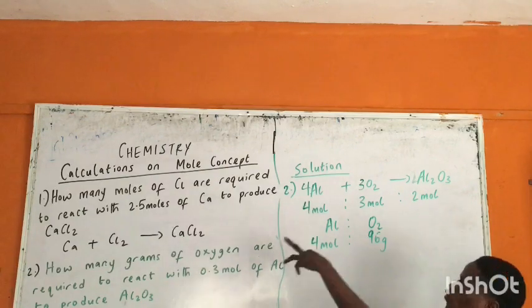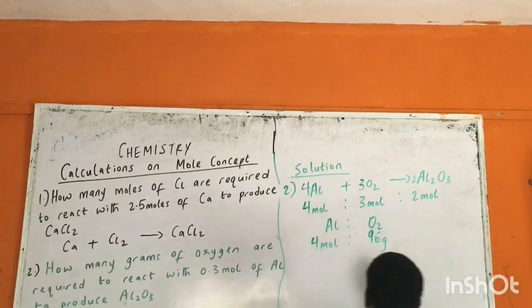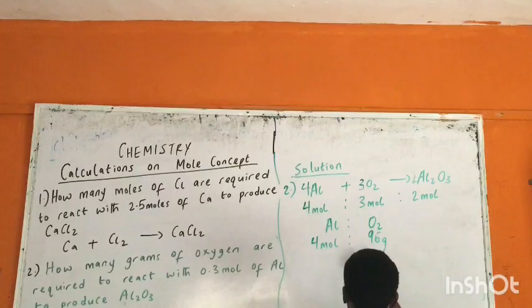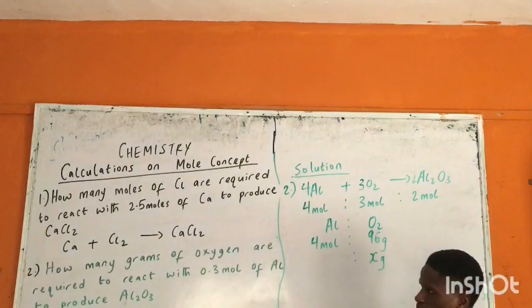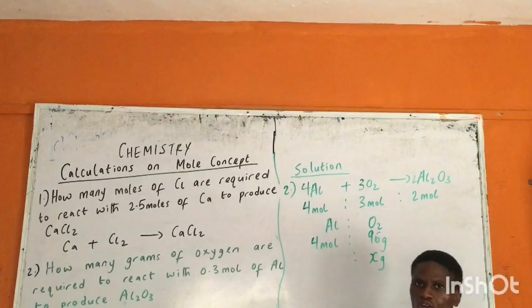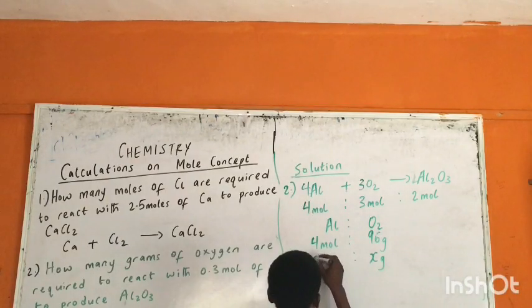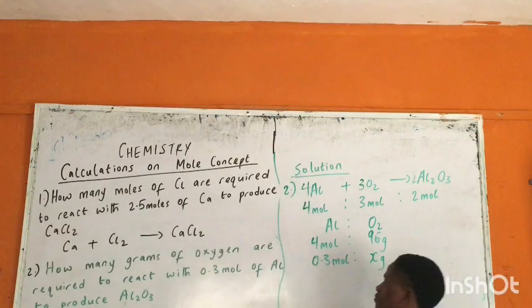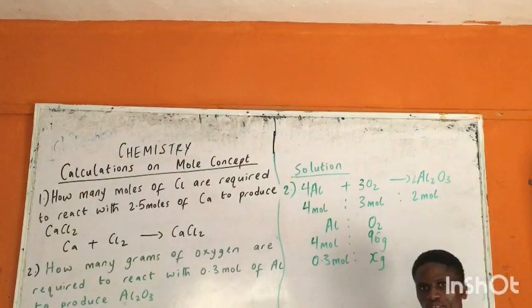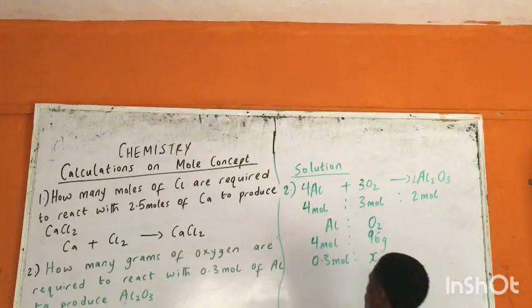How many grams of oxygen, so we have X gram, are required to react with 0.3 mole of aluminium. So what's the next thing? Cross multiply.